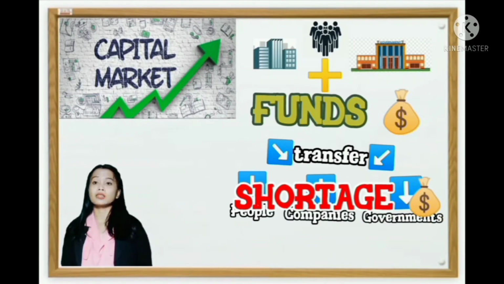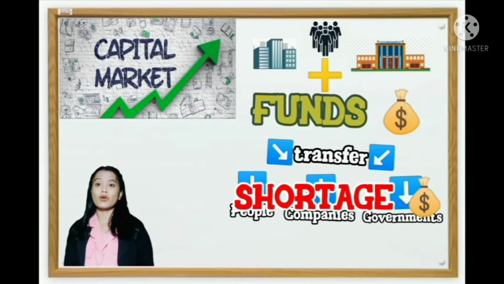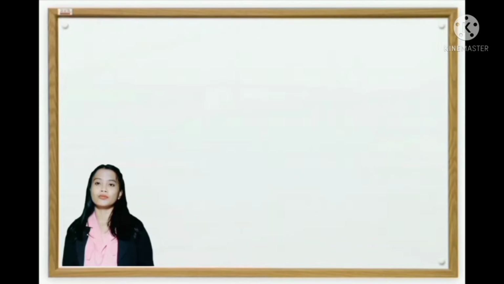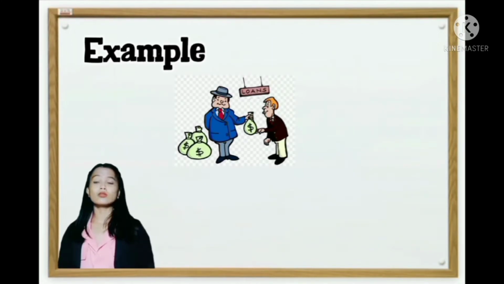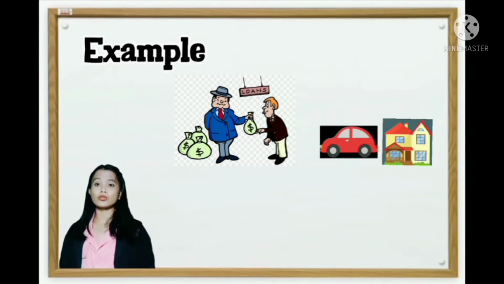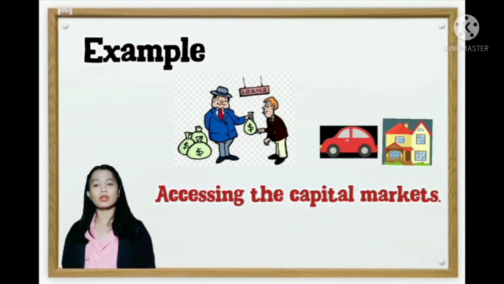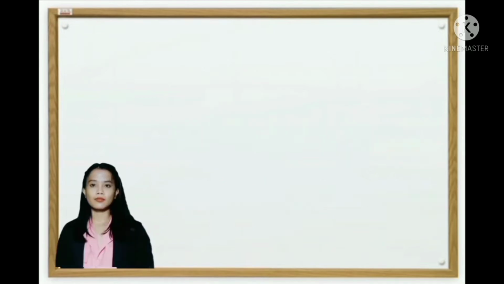This transfer mechanism provides an efficient way for those who wish to borrow or invest money to do so. For example, every time someone takes out a loan to buy a car or a house, they are accessing the capital markets. Capital markets carry out the desirable economic function of directing capital to productive uses.